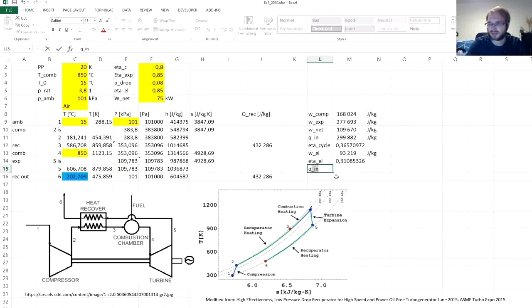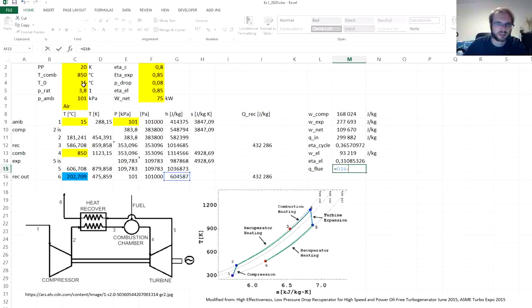So we could call it Q flue, and it would be the difference in enthalpies of the outlet, point 6, minus enthalpy when we cool it down to ambient condition.